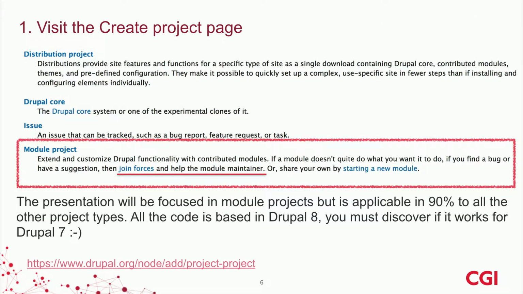Here is the first step. So we go to the create project page, and you will see that there are different kinds of project we can create. We will talk here more about modules, but you can apply this to another project. So you can choose the module project.